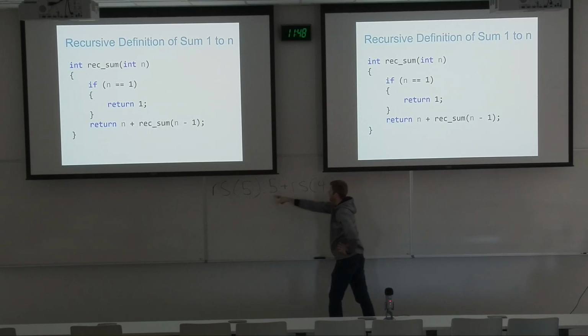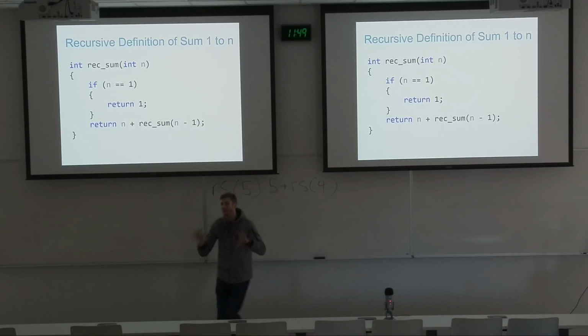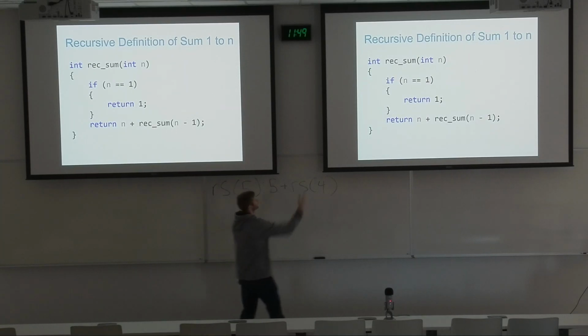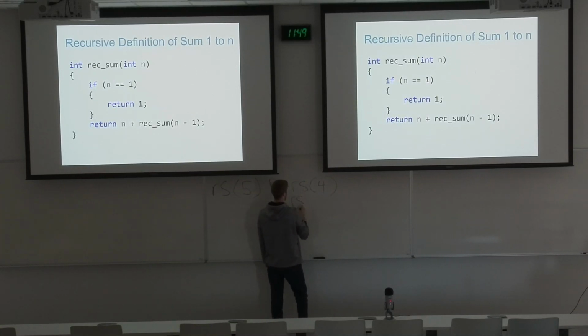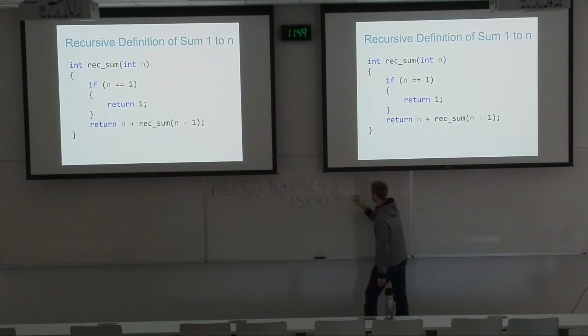We create a new call frame and push it on the stack, but inside this call frame, n is not 5 anymore, it's n minus 1, which was 4. So now we ask the question, what's rs of 4? Well, that's easy, that's 4 plus rs of 3.